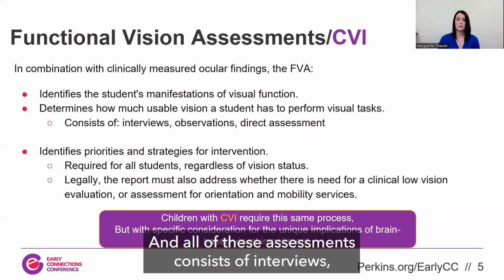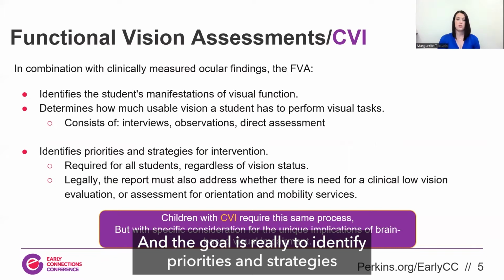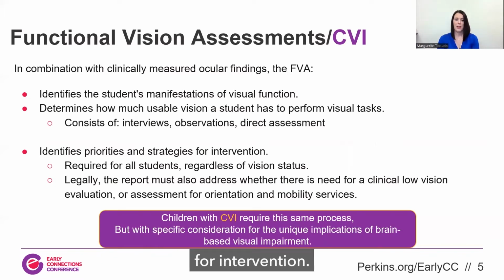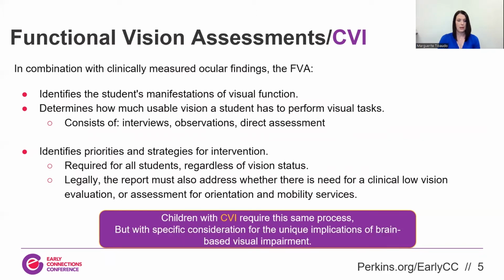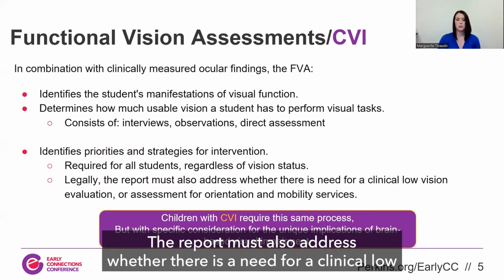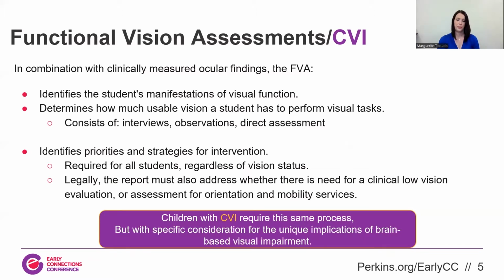And all of these assessments consist of interviews, observations, and direct assessments. The goal is really to identify priorities and strategies for intervention. As mentioned earlier, it's required for all students, regardless of vision status. And legally, the report must also address whether there is a need for a clinical low vision evaluation or assessment for orientation and mobility services.